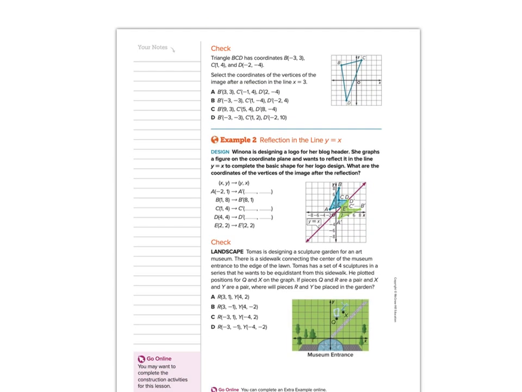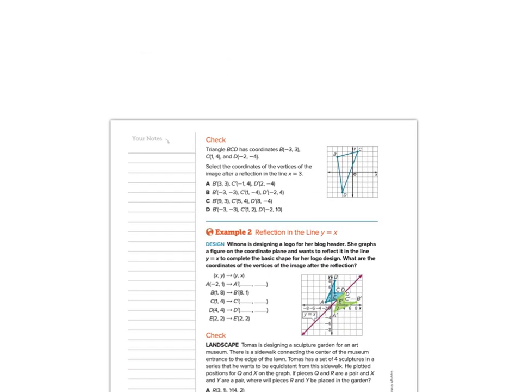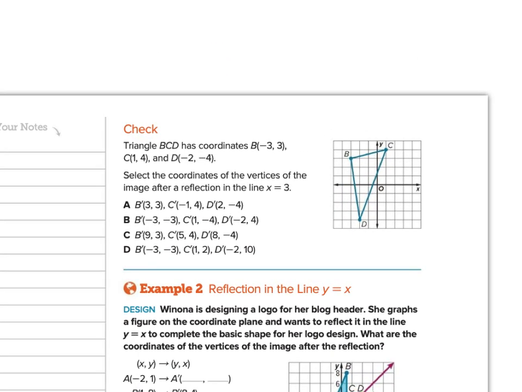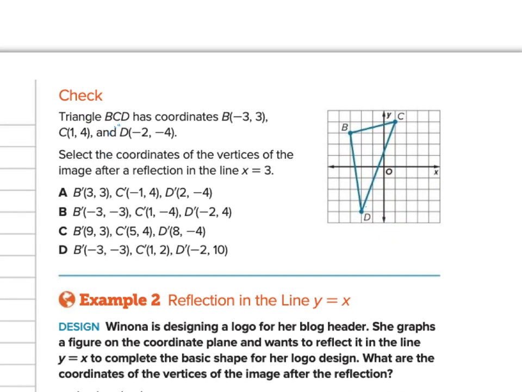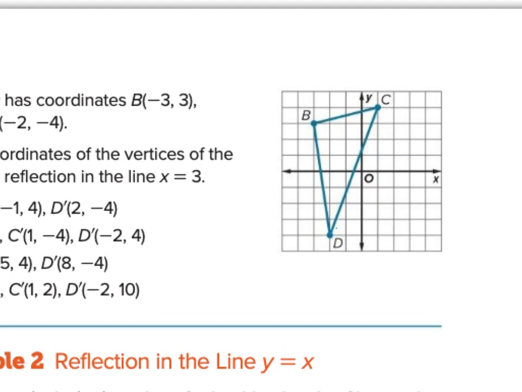And let's see, we've done these types of problems, but I will just say in this check, triangle BCD has these coordinates. Here they are. They've identified them over here on the graph. Select the coordinates of the vertices of the image after reflection over x equals 3. Let's see here. X equals 3 is right here. Right there. That's x equals 3. What would be the coordinates for C if I reflected over that line?